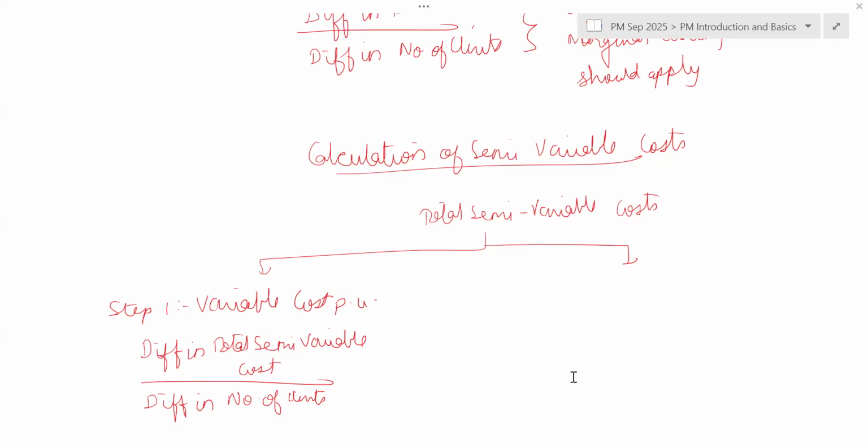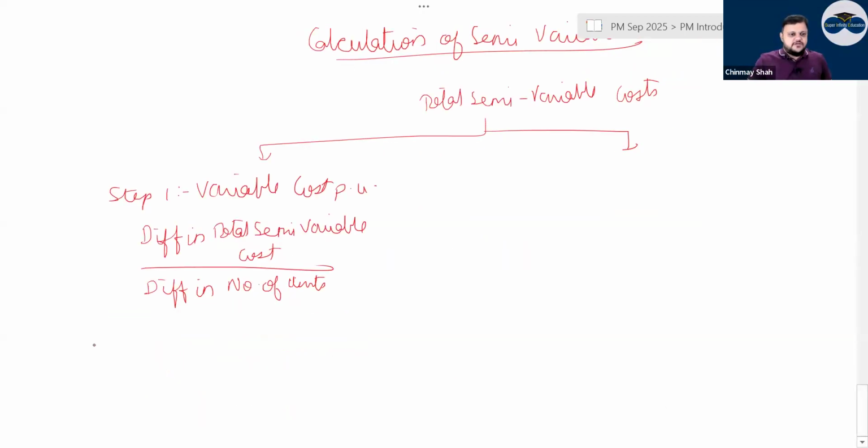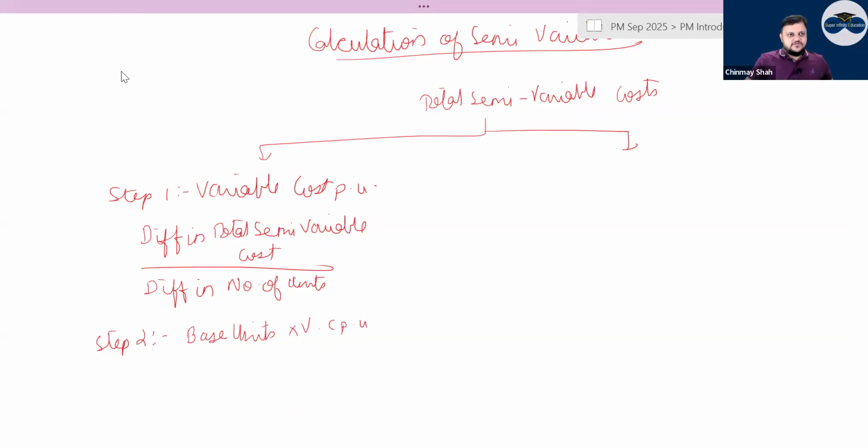So you get what? Either you get variable cost per unit, correct? Step 1. Step 2: base units multiplied by variable cost per unit. Or I could write like this also. Have a look.